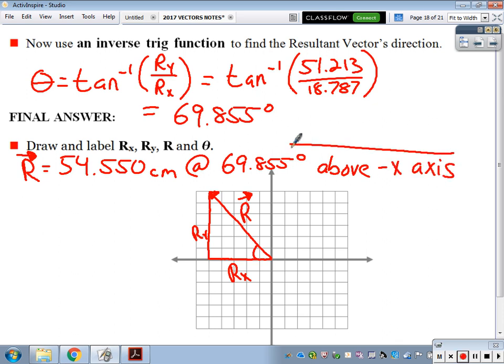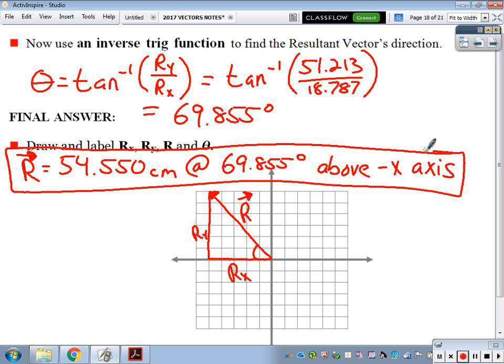And please do me a favor, circle or box that as your final response. So let's use our lens of checking things on our response. Do we have the magnitude of that resultant vector? Yes. Do we have a very clearly defined direction with that vector? Absolutely. So that's what our response is going to be.